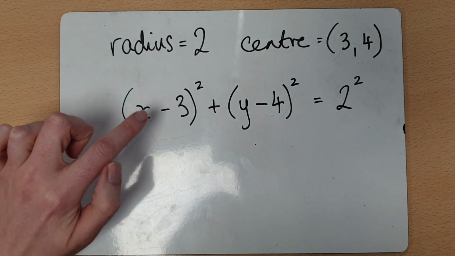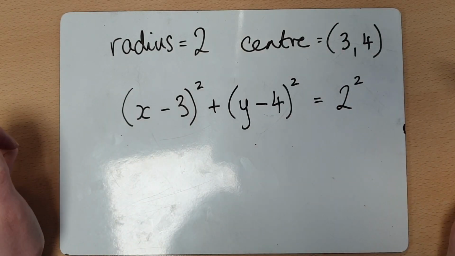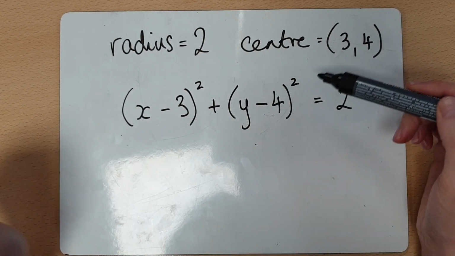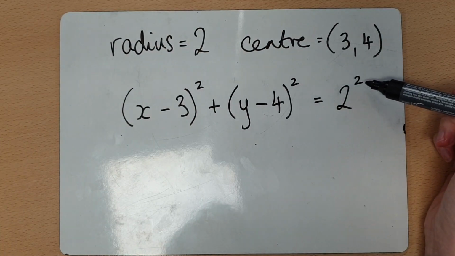So it's always x minus the x coordinate of the centre squared plus y minus the y coordinate of the centre squared equals the radius squared.